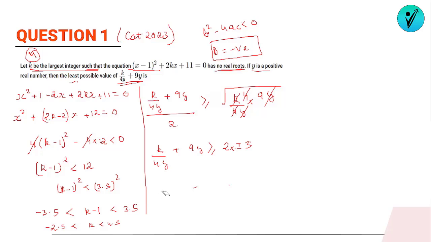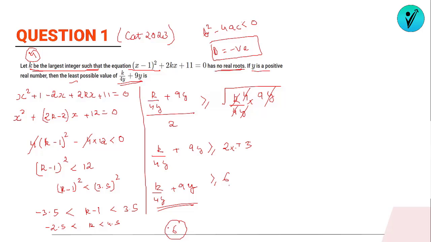K is the largest integer, and y is a positive real number. I'm just taking 3 as positive 3. So the minimum value of this expression will be 6. So k upon 4y plus 9y is greater than or equal to 6. So the least possible value of this expression is 6.